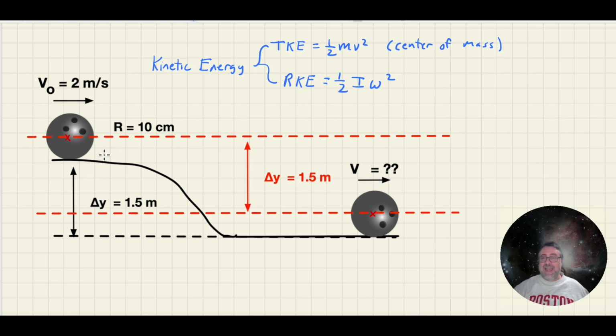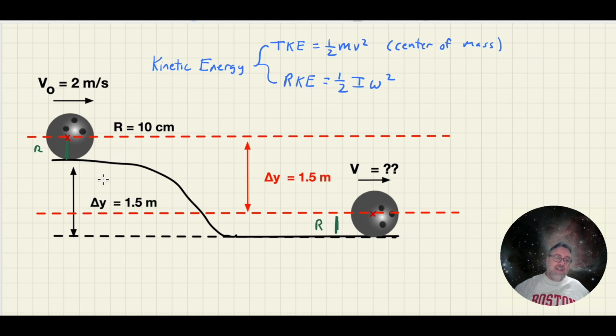And now, again, initially when people start doing these problems, they're a little confused. Like, why does the radius not affect this problem? Well, my radius r here, you would think that the height of the ball should be the height delta y plus the radius. But look at the bottom of the problem. When the ball reaches the end of the problem, the center of mass is still a radius above the floor.